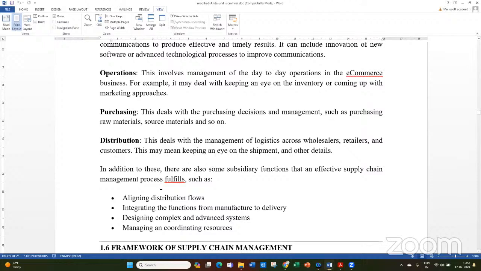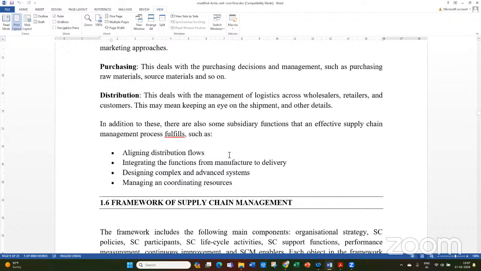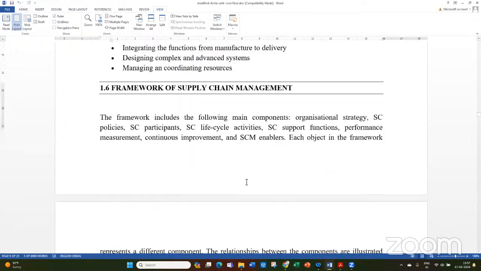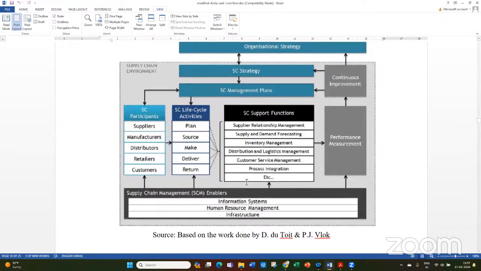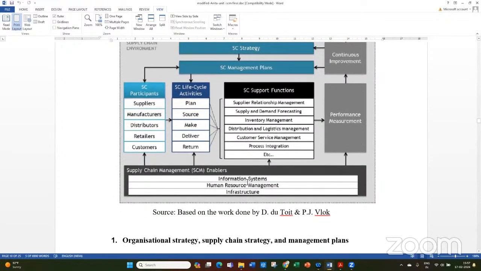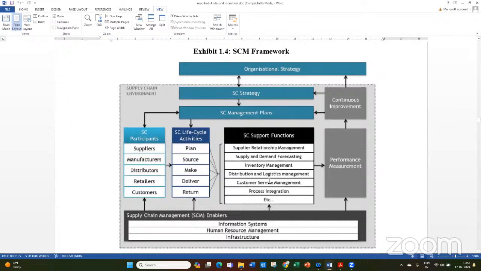All the important things that you can see. There are some subsidiary functions, such as marketing, distribution, from manufacture to delivery. They are very complex and quite involved.